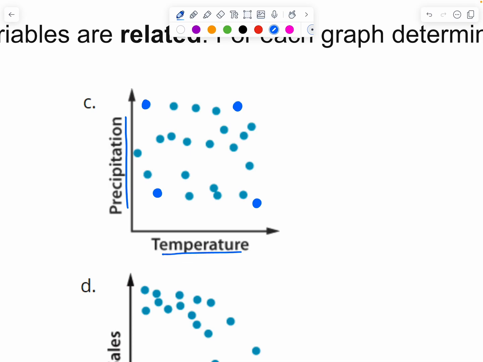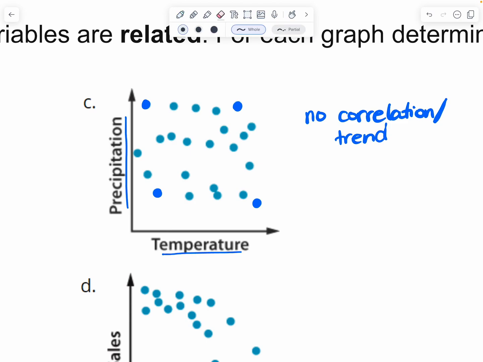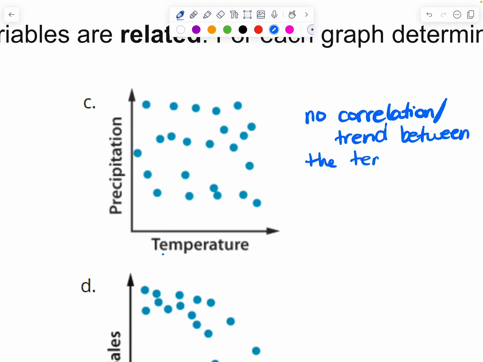So there is no trend or no correlation. Trend is another word that you can use. So no correlation or trend between the temperature and precipitation.